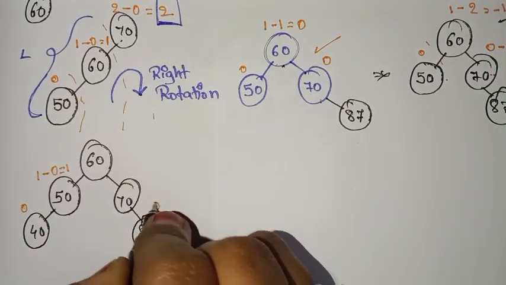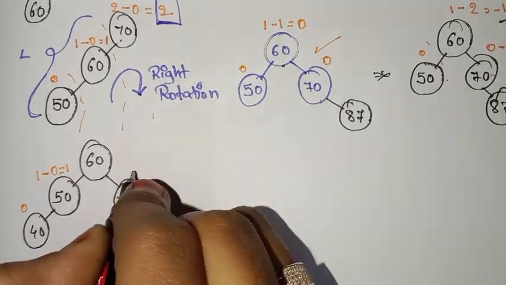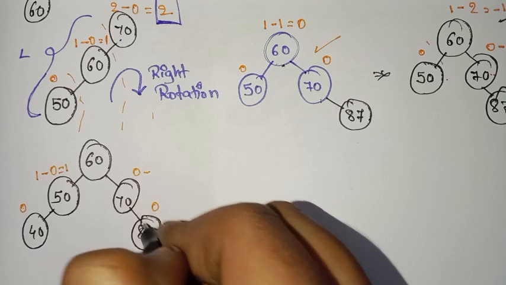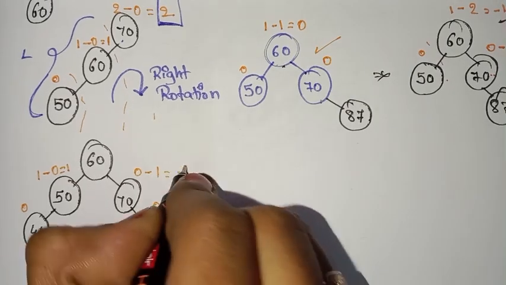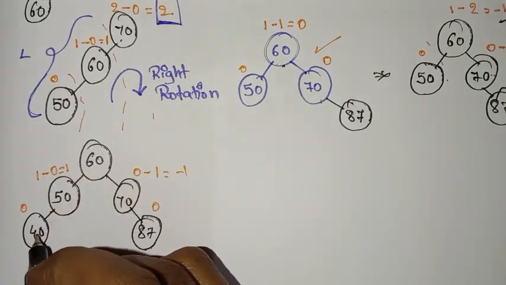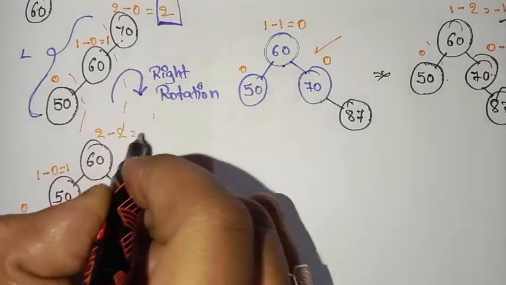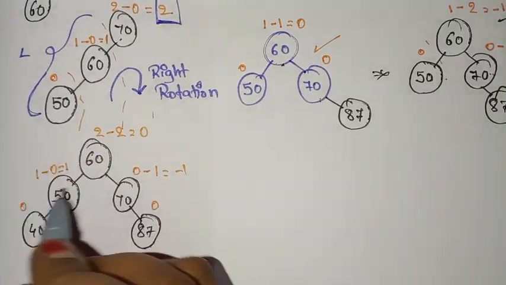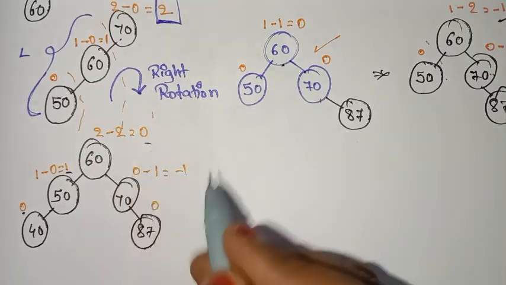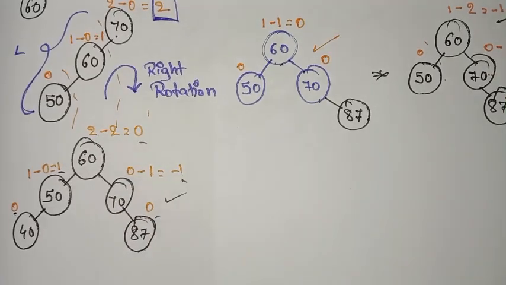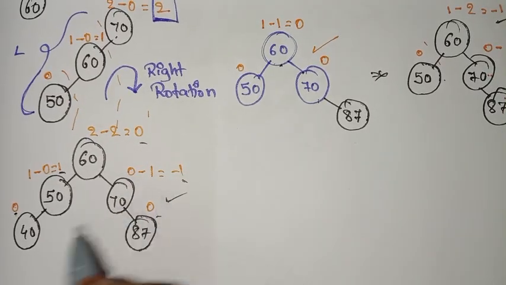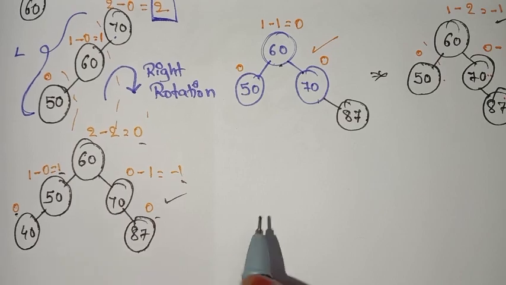Here it is 0, and on the left there are no nodes, 0 minus 1 node on the right side, minus 1. Simply, 2 nodes are there on the left side and 2 nodes on the right side. It is 0. So see here 1, 0, 0, minus 1, 0. It follows a correct height balanced tree.